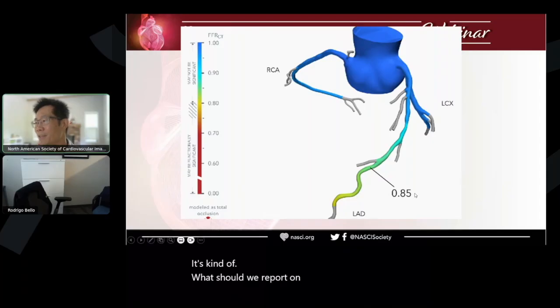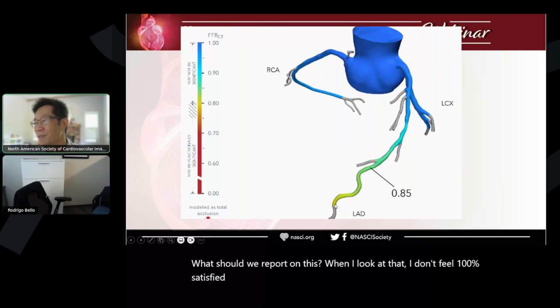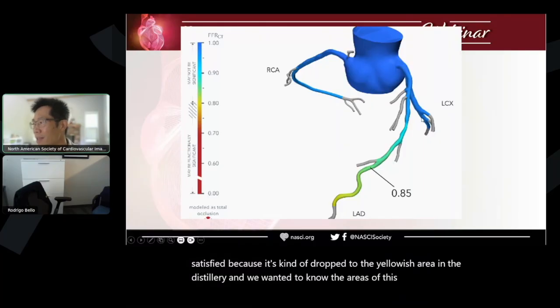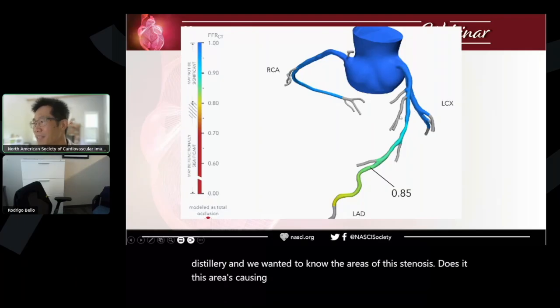When I look at that, I don't feel 100% satisfied because it drops to the yellowish area distally, and we wanted to know whether this area of stenosis is causing any pressure drop. Slightly, somewhat, but not significant. But can you quantify it?